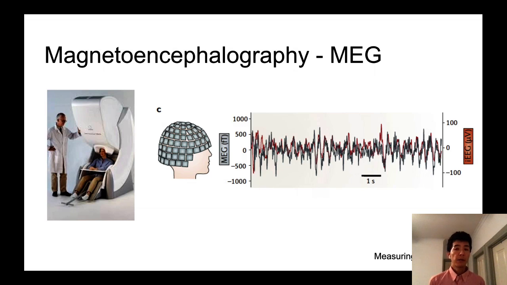Magnetoencephalography's advantage is that, unlike electrical activity, magnetic fields go in a slightly different, orthogonal direction to the EEG. And it's less affected, compared to EEG, by the skull and also skin.